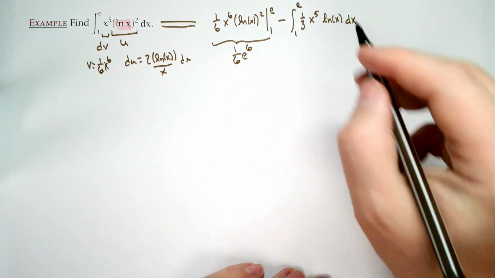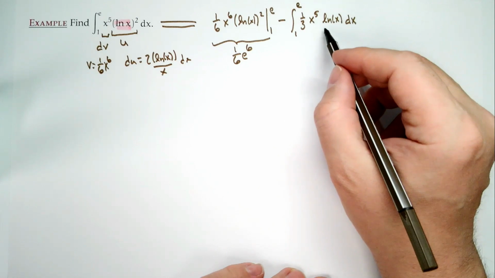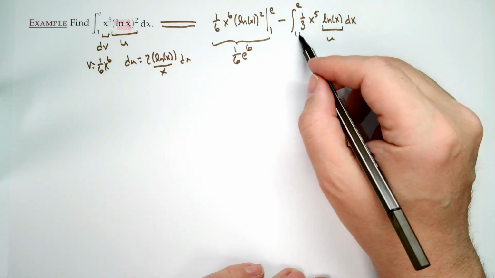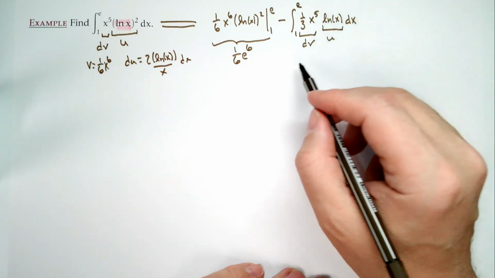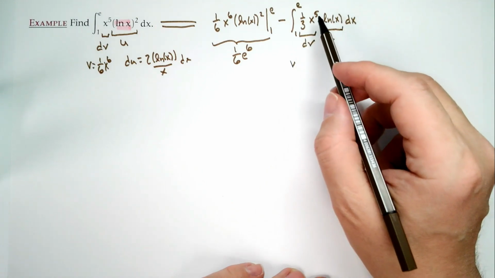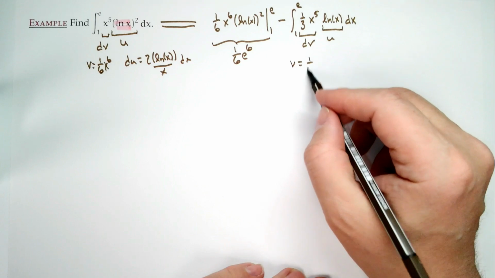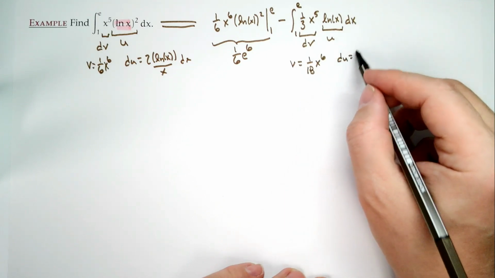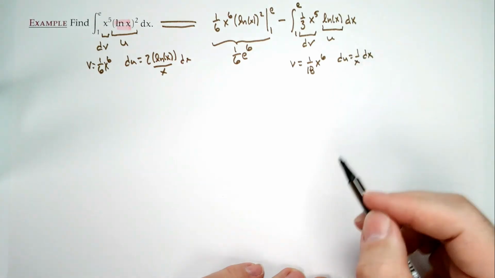Okay, now we continue on here. Similar process. Once you commit to something, stay committed. u dv. What's the antiderivative? Well, it would be 1 over 18 x to the 6. What's du? 1 over x dx.